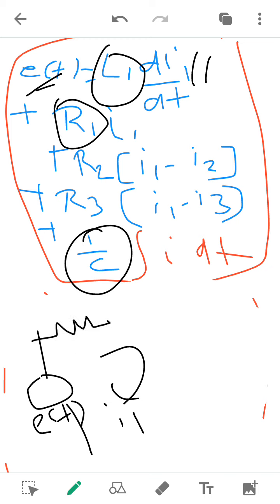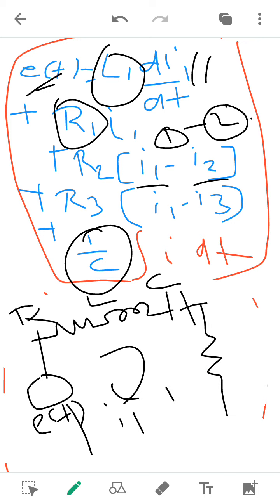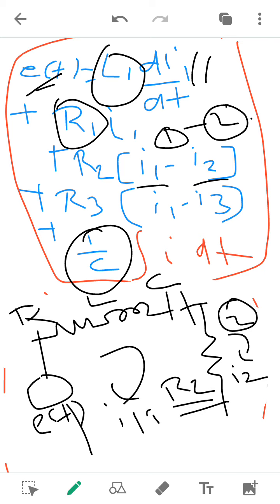So R, L, C, and this is common between first mesh and second mesh, R2. Let this be the second mesh with the current I2. So R2 is common between first mesh and second mesh.